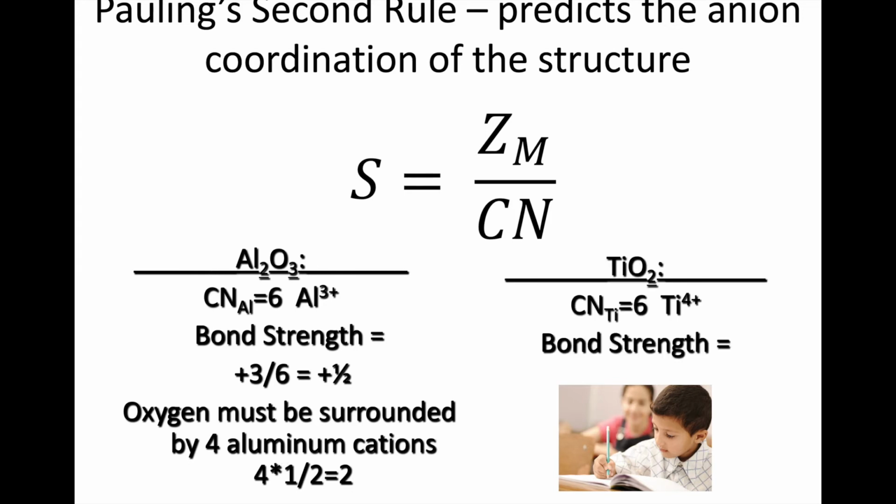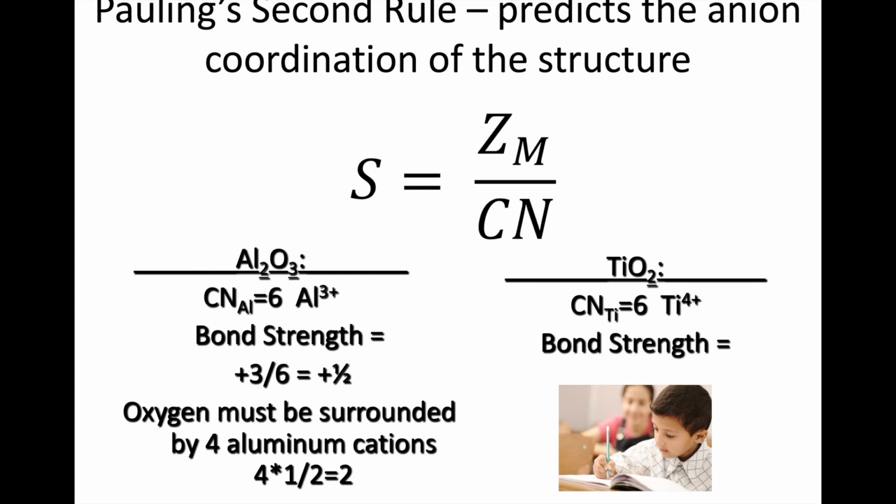Again, as an example, you can try this one as well. Titanium dioxide: we're giving you the cation, the coordination number for that, and then the charge, because again, we know oxygen. So calculate the bond strength and see if you can get the coordination number for that one.